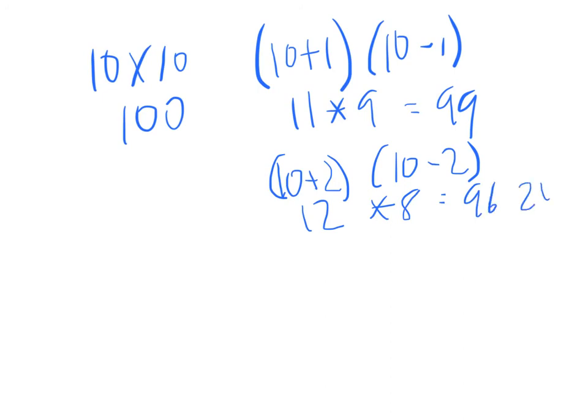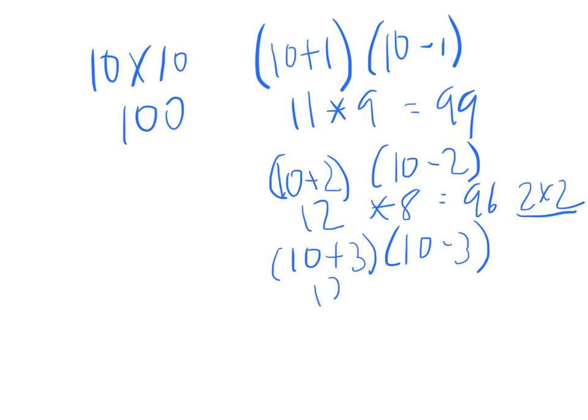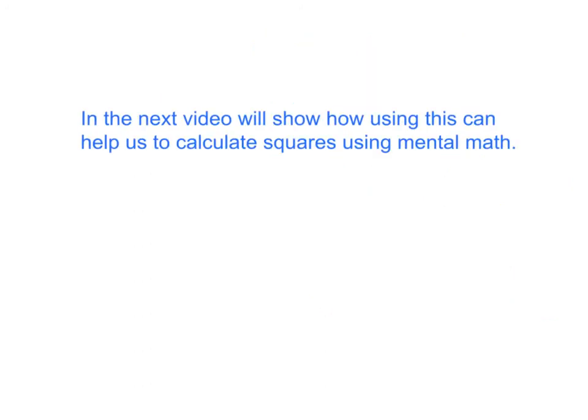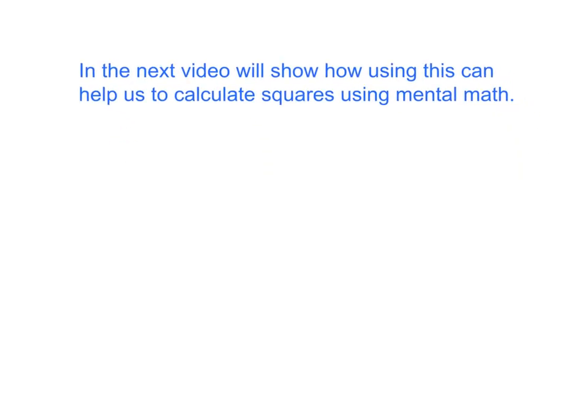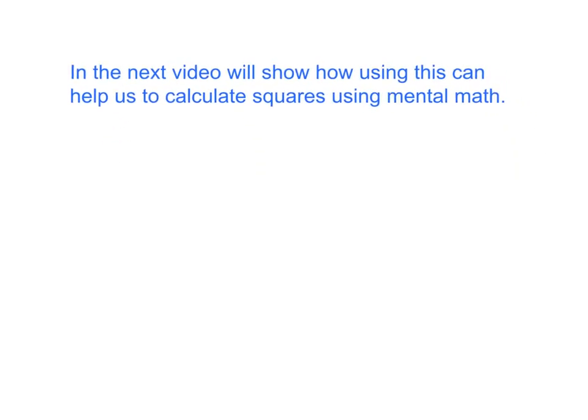We get 2 times 2 less, 4 less. What if we do 10 plus 3 and 10 minus 3? So we get 13 times 7, 91. We get 9 less, 3 times 3 less. So this seems like a pattern we can work with. In the next video, we'll show how using this can help us to calculate squares using mental math.